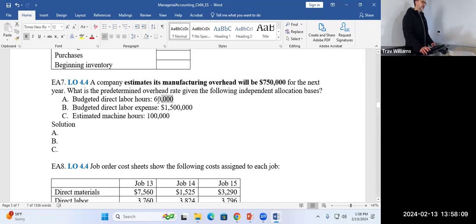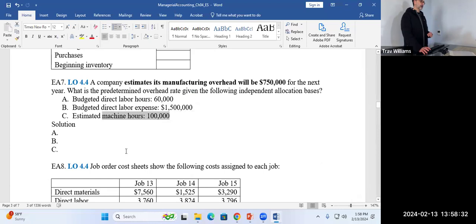First, we need to figure out what is our overhead rate based on 60,000 labor hours. Then what is our overhead rate if we base it on $1.5 million of labor costs? And then what is our overhead rate if we base it on 100,000 machine hours? So you'll get a different answer for each of these 3.